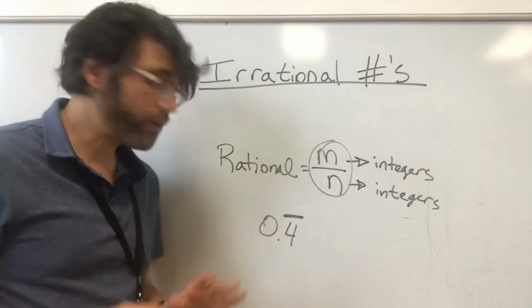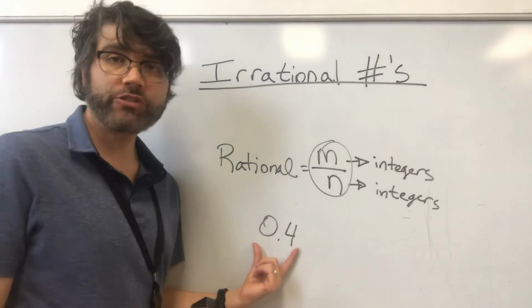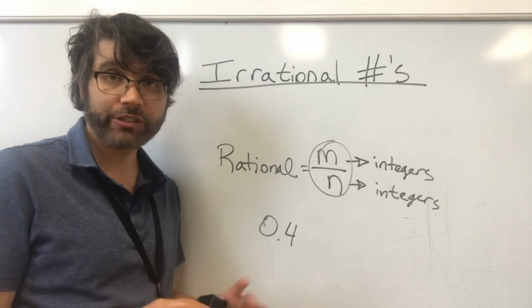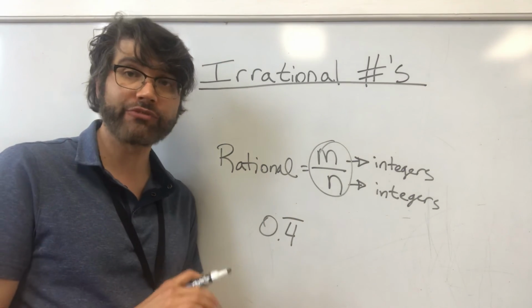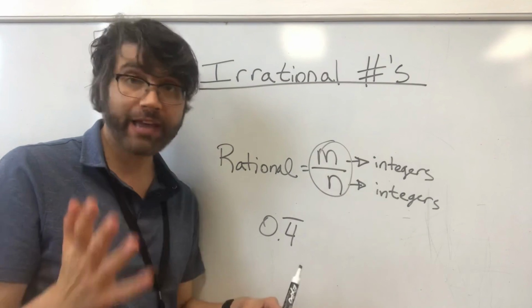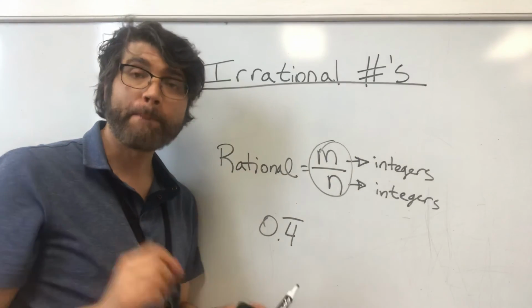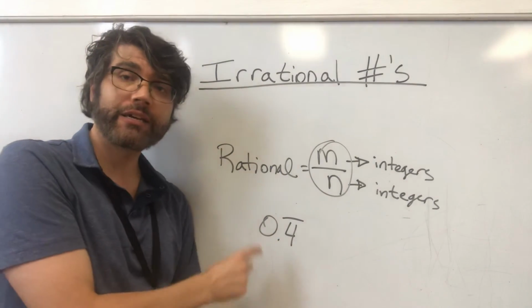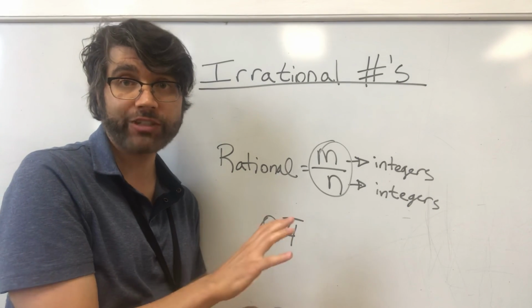Now, while we have turned terminating decimals into fractions, and we've learned that in class, what we haven't learned is how to turn repeating decimals into fractions. So I'm happy to make another video on how to do that. We're not going to cover it in this course, but just know that if it is a repeating decimal, it absolutely can be turned into a fraction.